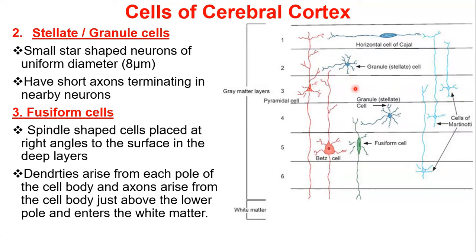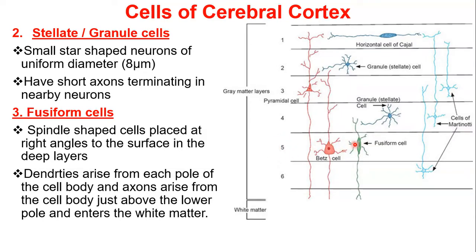And the third cell is the fusiform cell. Where is the fusiform? This green colored cell is the fusiform. As the name indicates, their body is fusiform or spindle in shape, at right angle to the surface, in the deeper layer. This layer is the fifth layer.